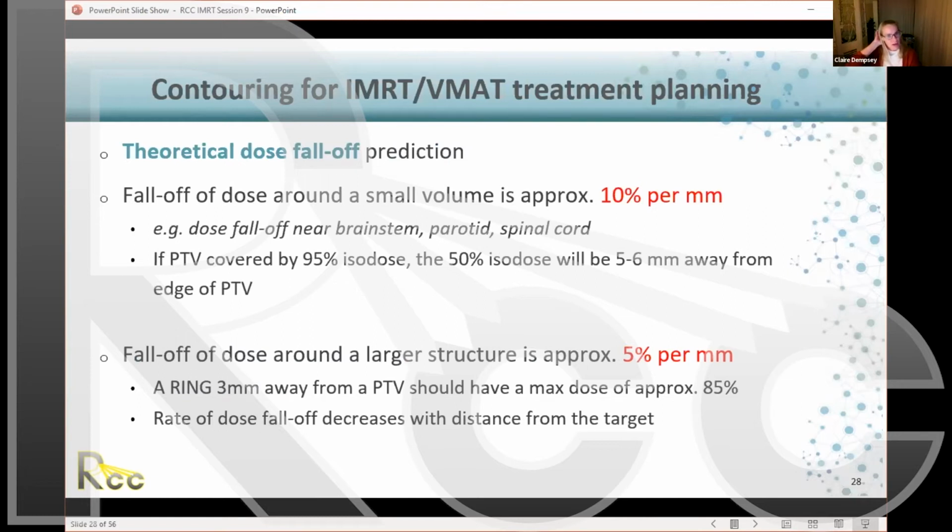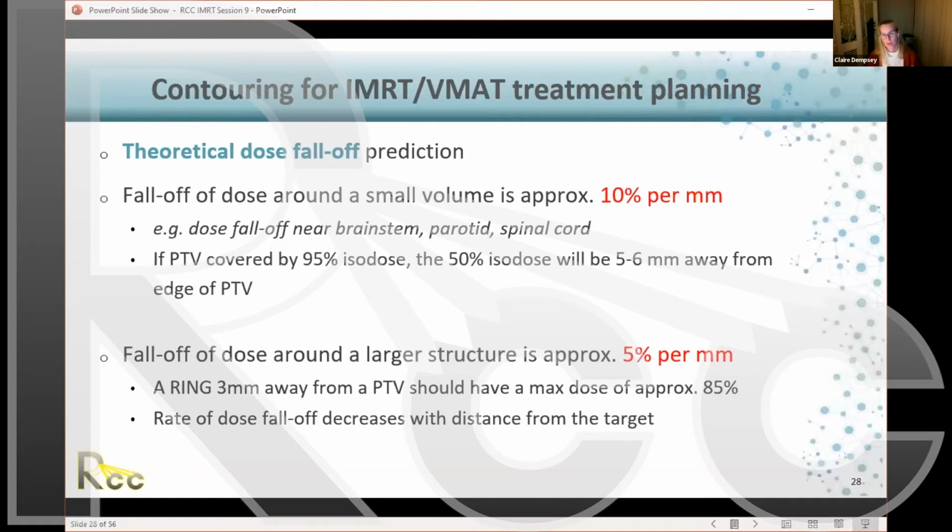So when we think about our theoretical dose fall off, there's two different fall off rates that I usually think about. If we've got a small volume, the dose fall off is usually a lot steeper. Particularly in brain cases and head and neck cases, you're usually a small volume, and you can have a really steep dose fall off around that volume.